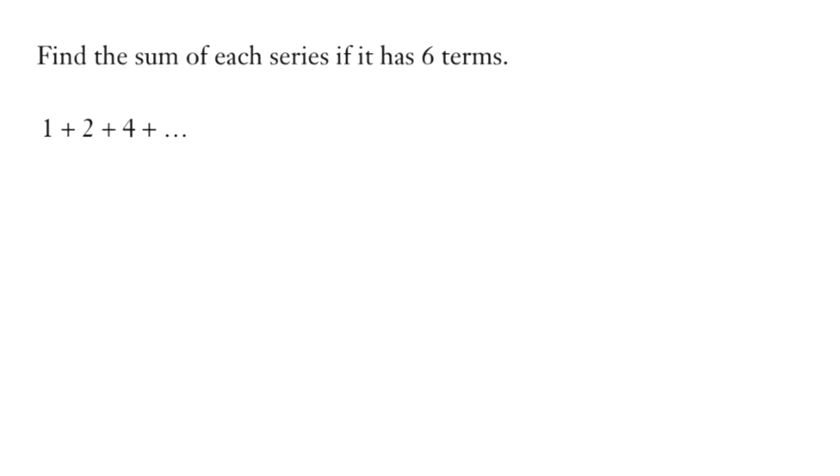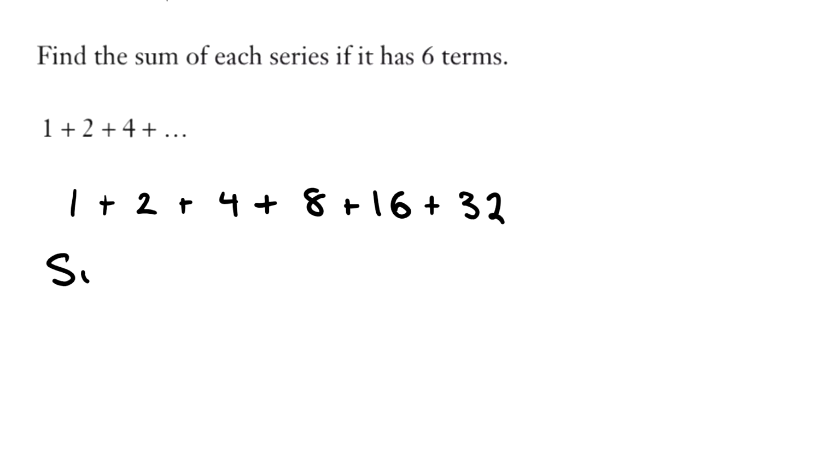So what I can do here is go 1 plus 2 plus 4 plus 8 plus 16 plus 32. We have 6 terms there, but we want to find the sum of these all, so we add them all together and we get an answer of 63. So the sum of this series is 63, all right?